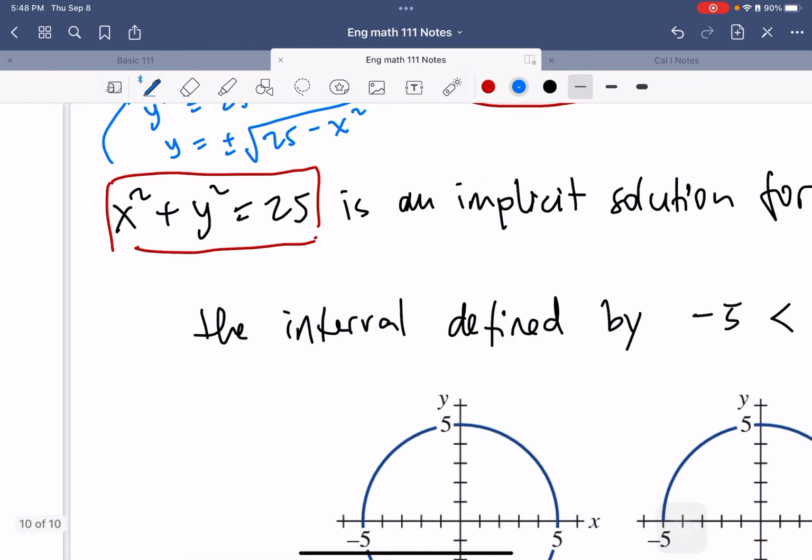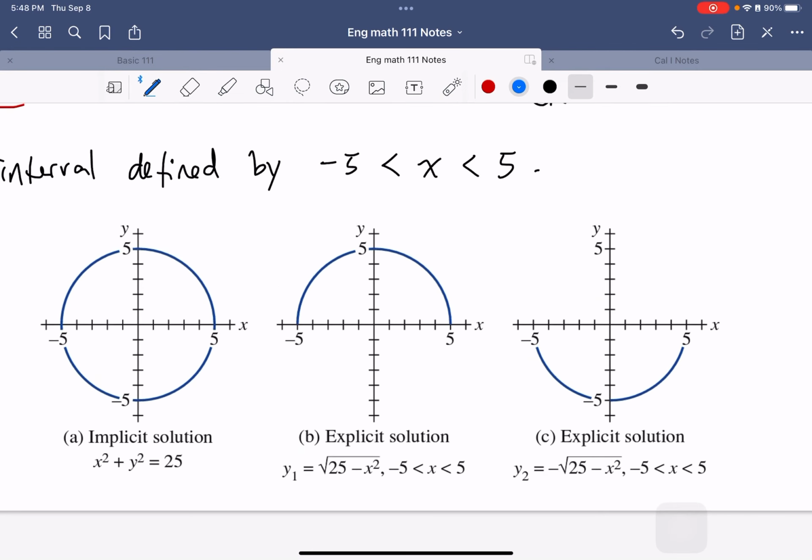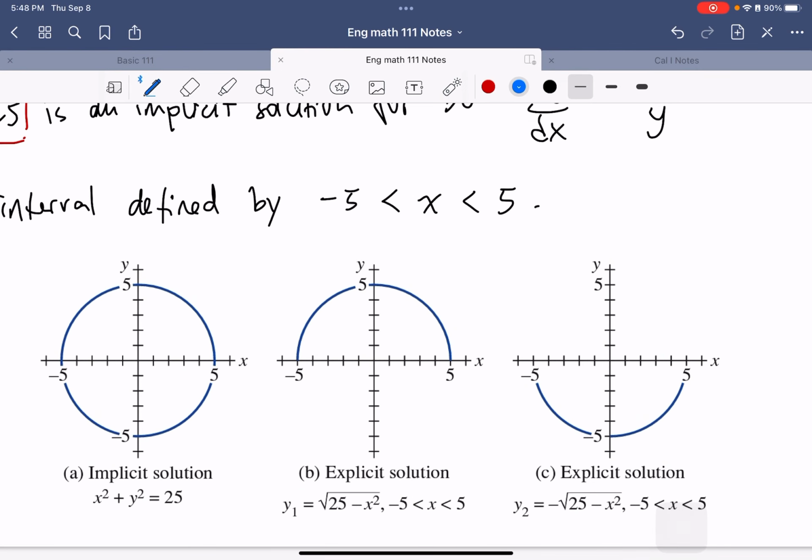So we call this implicit and explicit. This is to show you how we can go from here.